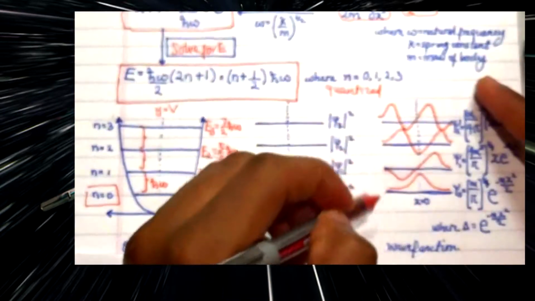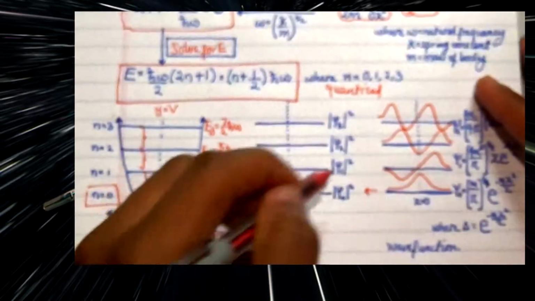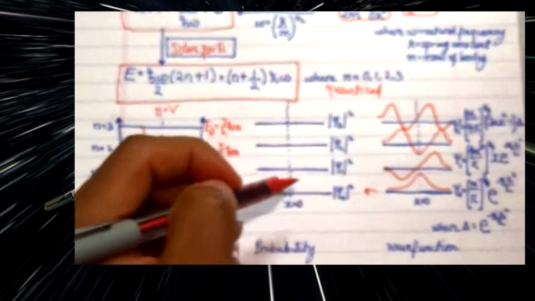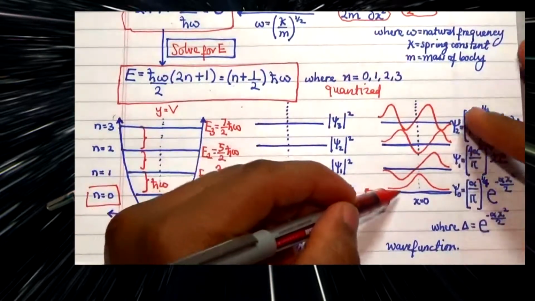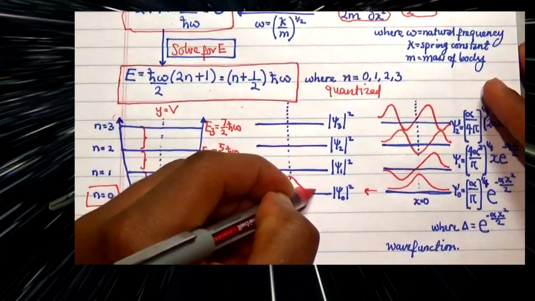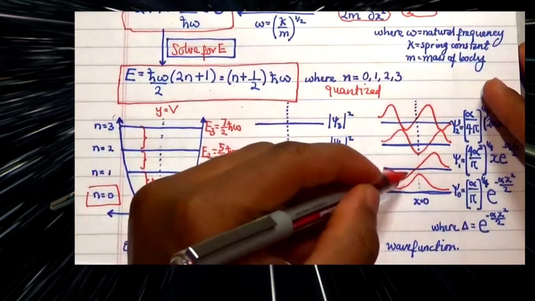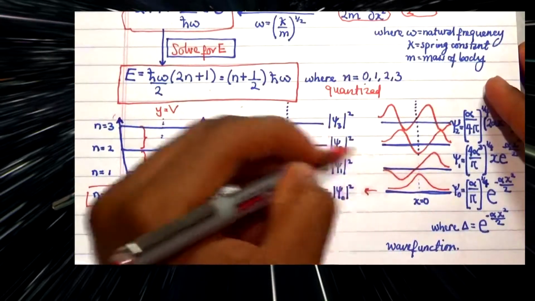Now if we translate our wave function into our probability, which is the square of our wave function, what we realize is that this stays the same in this particular case. However, we have a reflection of our negative region into our positive region.